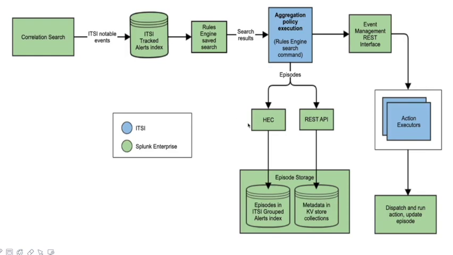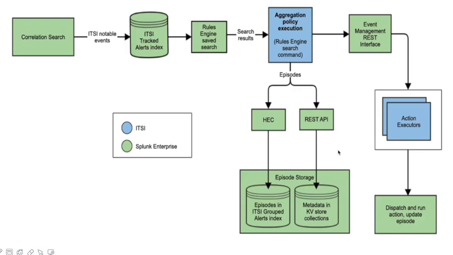So through HEC, the grouped events go to the grouped index. All the episode metadata is stored via REST to the KV store. The KV store collection name is itsi_notable_group_system.